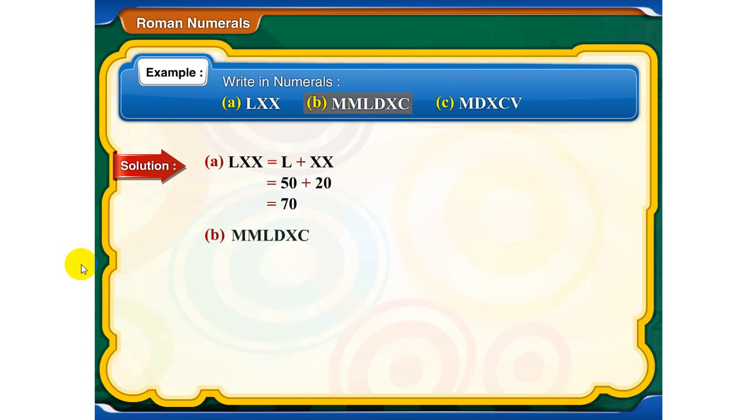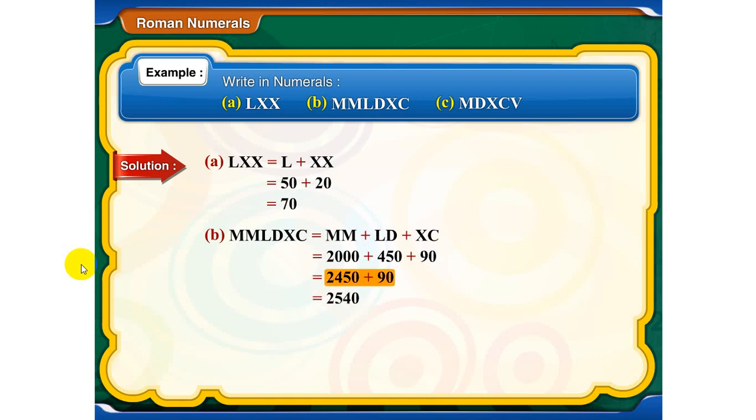B. MMLDXC is equal to MM plus LD plus XC, which is equal to 2000 plus 450 plus 90, that is equal to 2450 plus 90, which is equal to 2540.